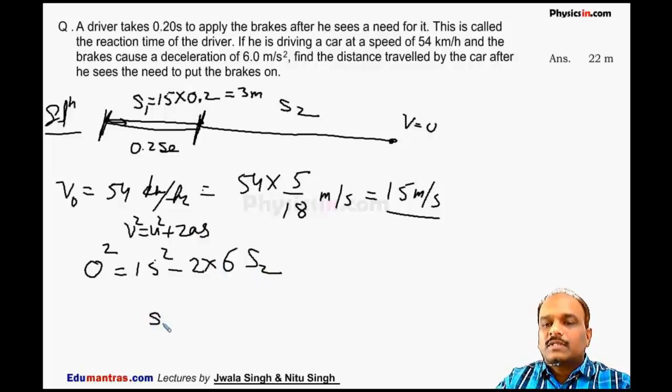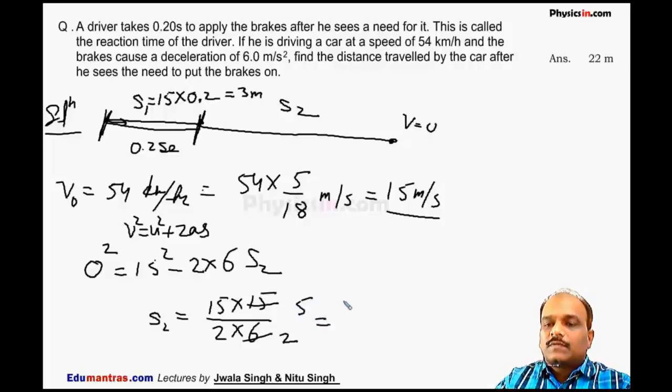So s2 is equal to 15 into 15 divided by 2 into 6. Cancelling, it is 15 into 5 divided by 4.